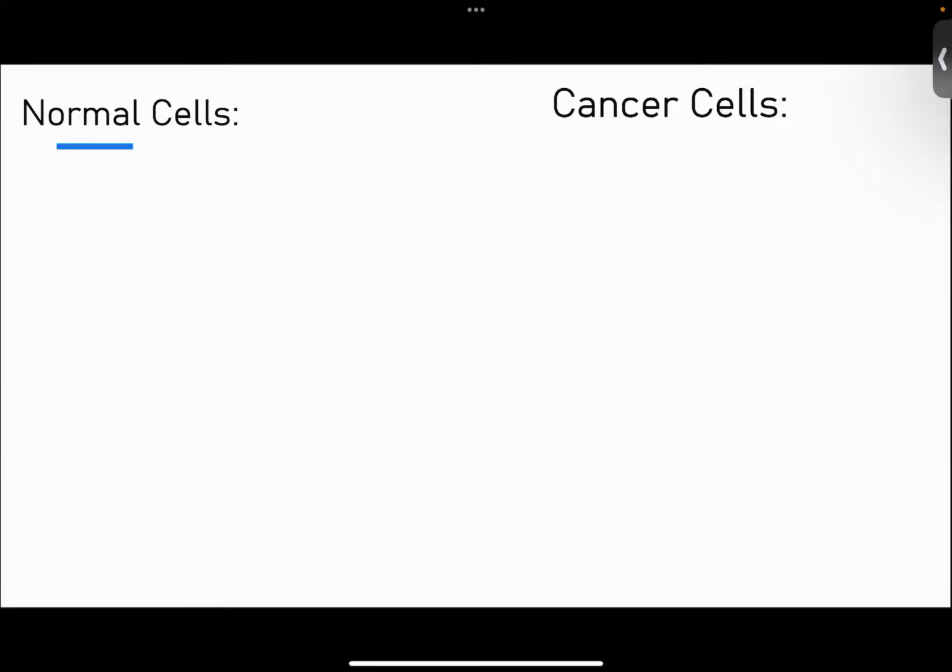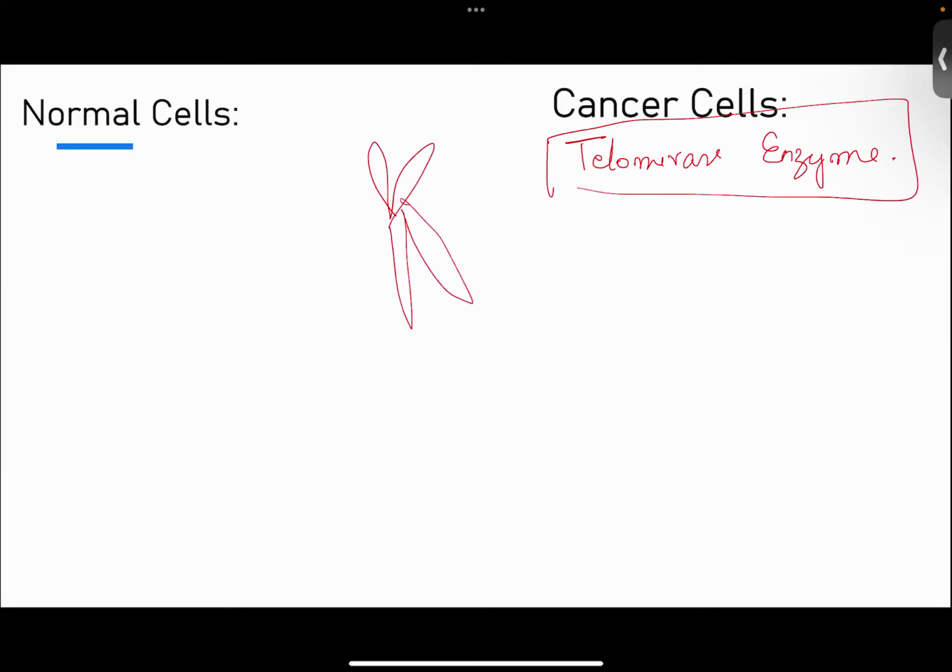Along with that, there is activation of a certain enzyme called telomerase. Let's see the beauty of telomeres. You know that if you have a chromosome, these tips are called telomeres. They are like protective caps at the ends of the chromosomes.